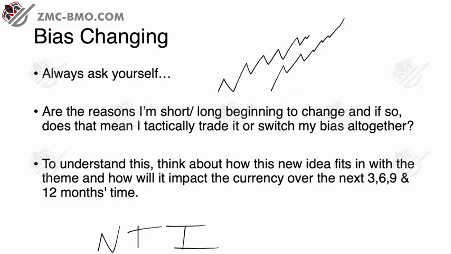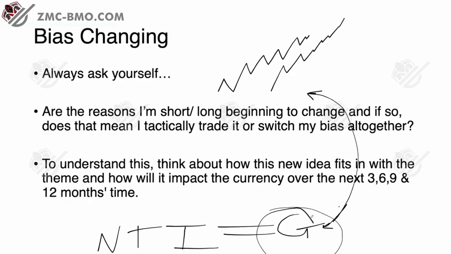Now we've changed our theme, and the theme at the moment is growth. So markets may have more emphasis on growth data than inflation data, which is the reason you would be trading this theme. So these are questions you have to ask yourself. And after this growth data, what is likely the next theme to be?